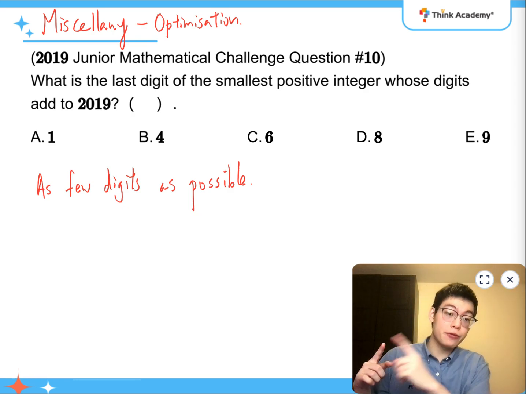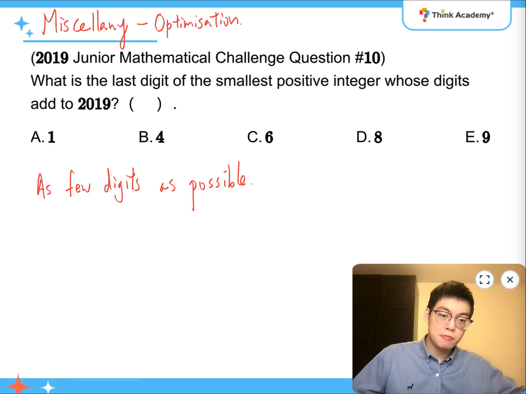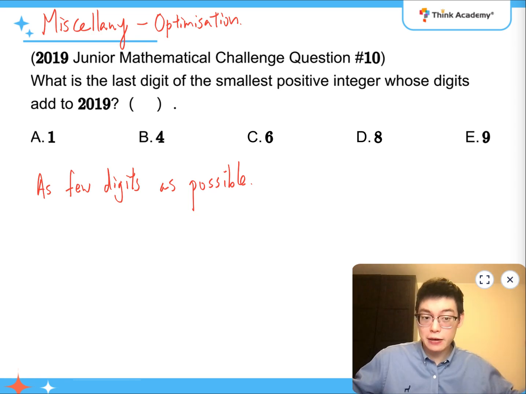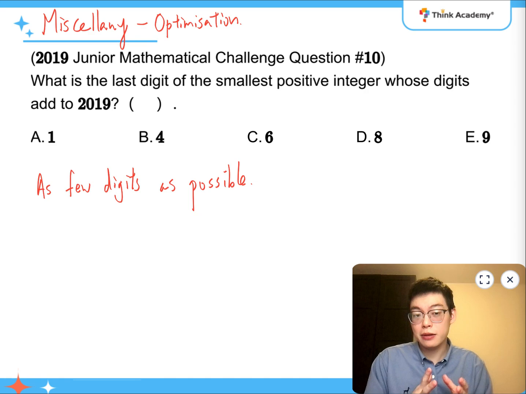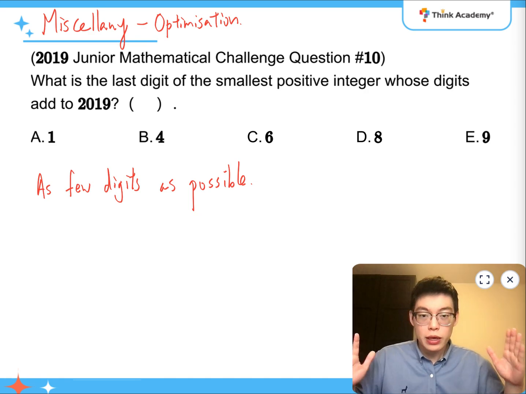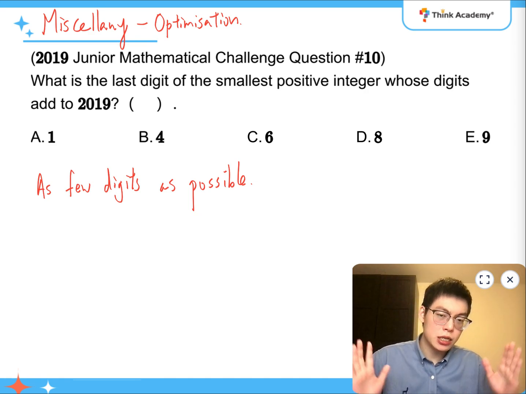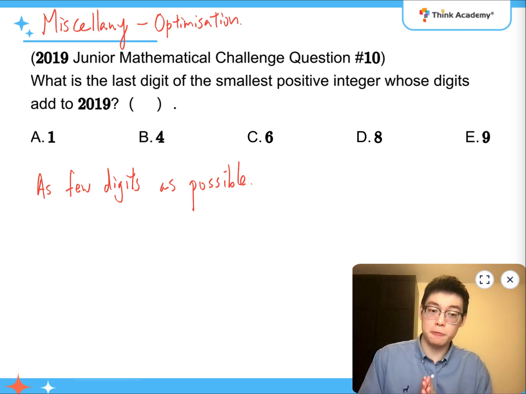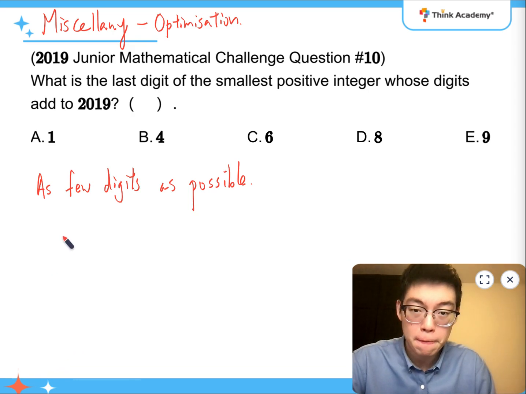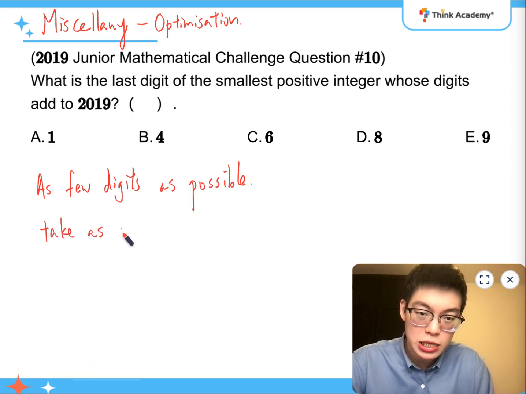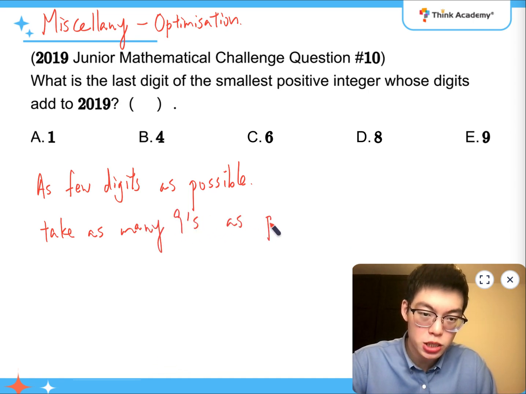Or if I have 9 of the ones, which is definitely going to be bigger of a number than 9, but it still adds up to 9. So it means that I need to take the largest digit possible, which is 9. Which means I need to take as many nines as possible.